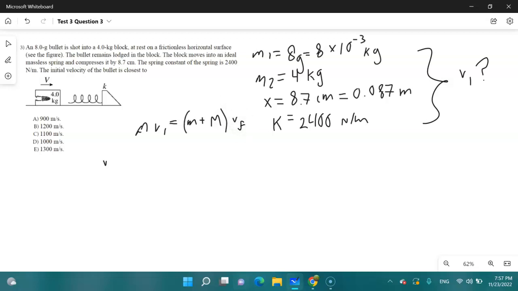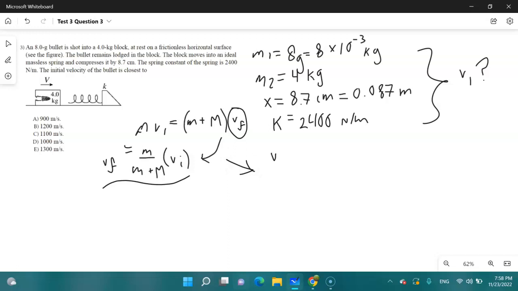So now the final velocity is going to be equal to the mass of the bullet over both masses times the initial velocity, and that's just this equation being rearranged. So now that we have the equation for the final velocity, we can plug this in right here, and that'll give us the equation that we can use to solve.